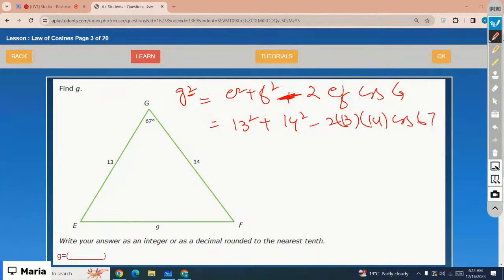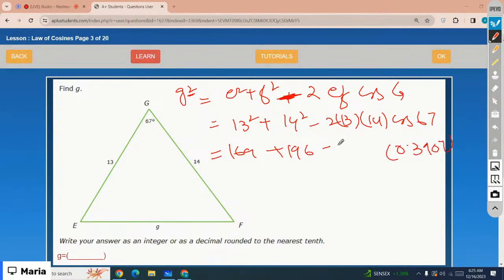So 13 square is 169, 14 square is 196, minus cos 67 is 0.3907 and 2 times 13 times 14 is 364.